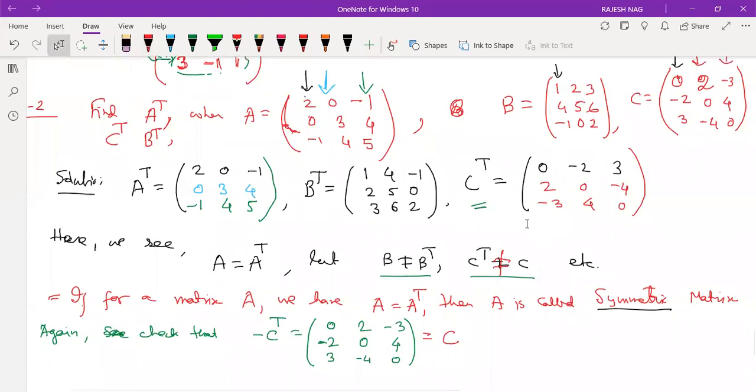Again I am saying, it is not always possible. Maybe for some particular matrix it is true, maybe for another matrix it is not true, and so on.